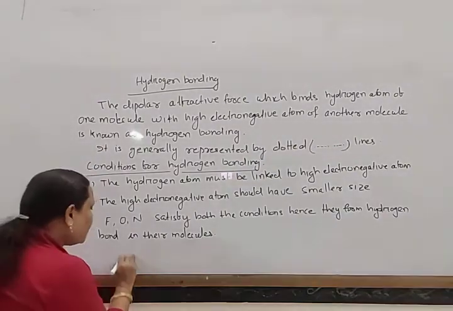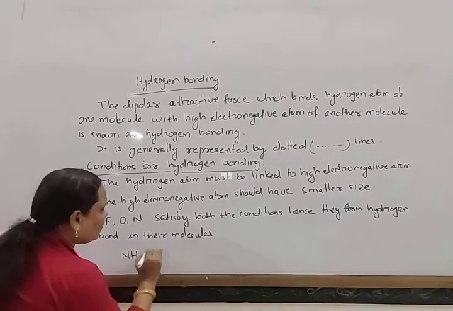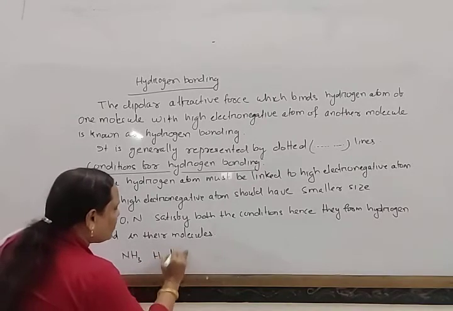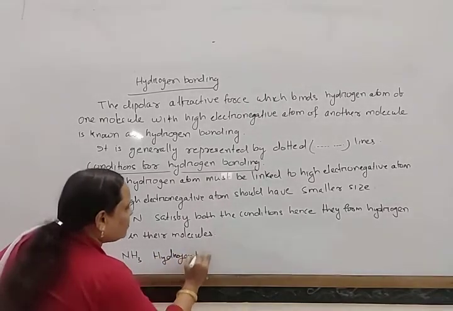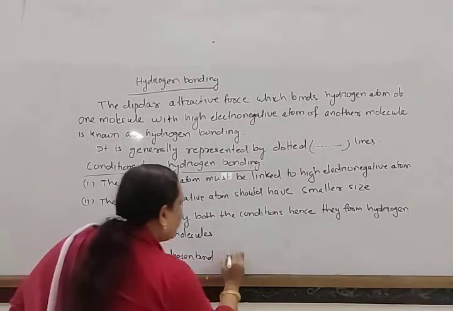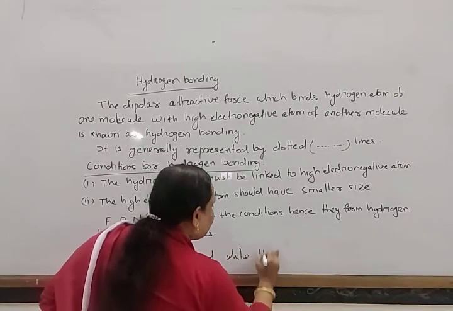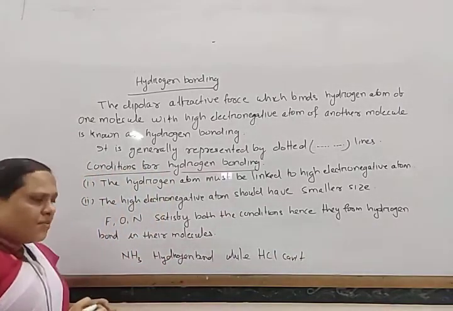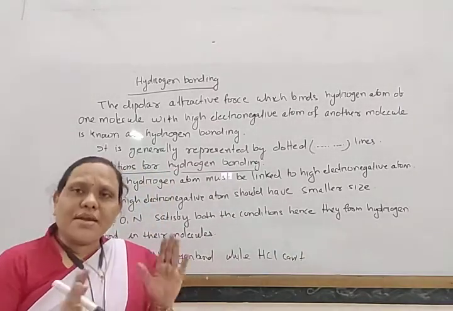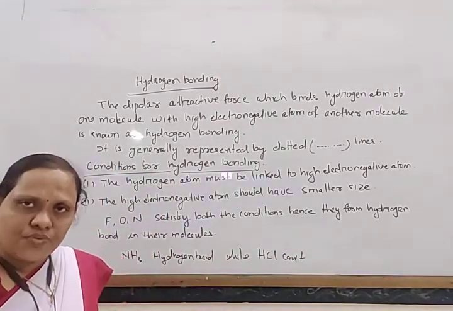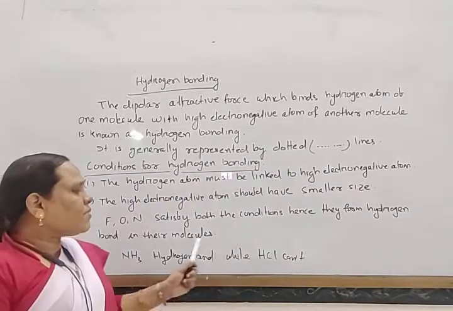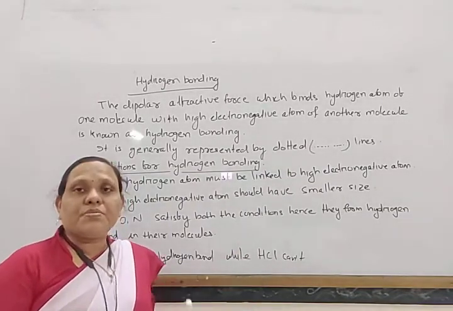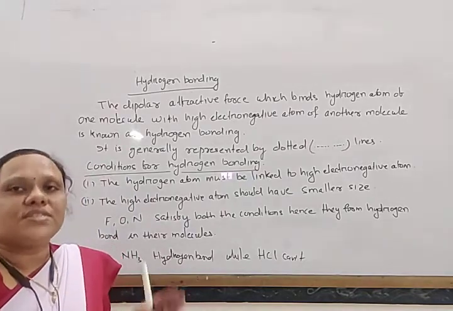But ammonia forms hydrogen bonds while HCl cannot, because both nitrogen and chlorine have the same electronegativity value, that is 3.1, but ammonia can form hydrogen bonds, and HCl cannot, because chlorine has a larger size.